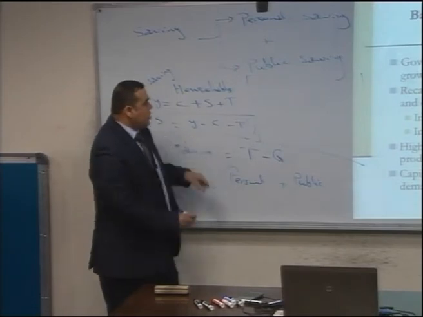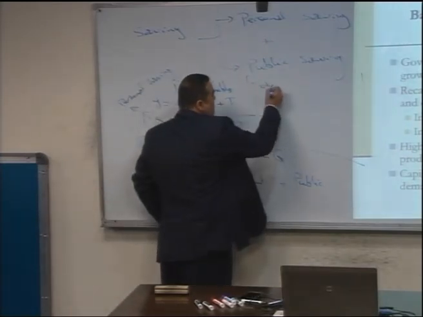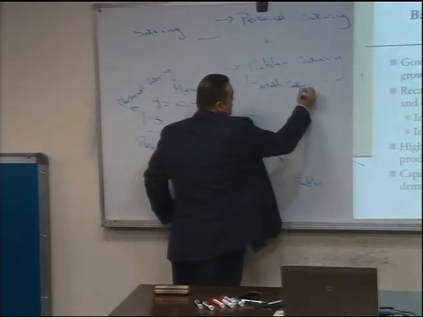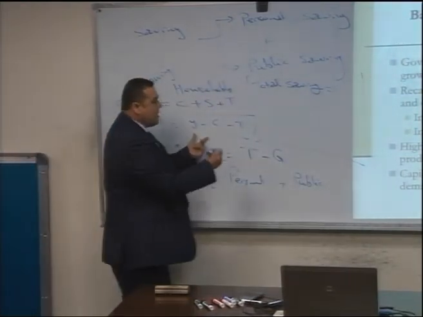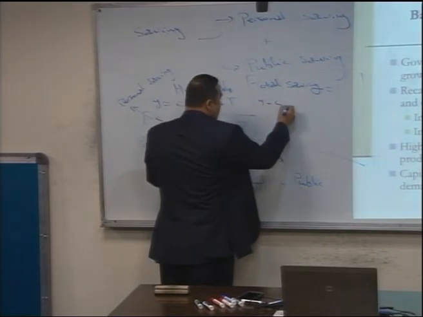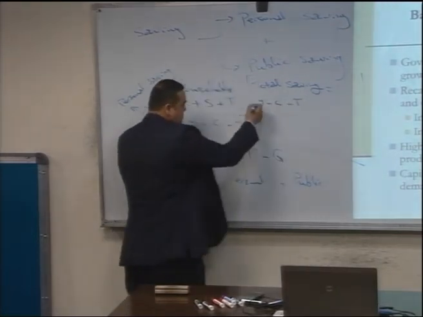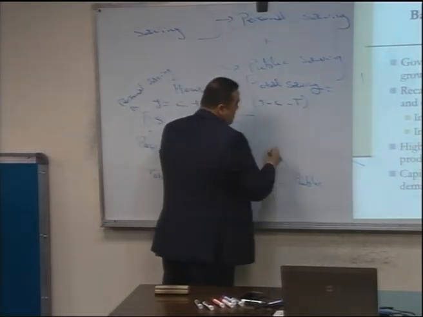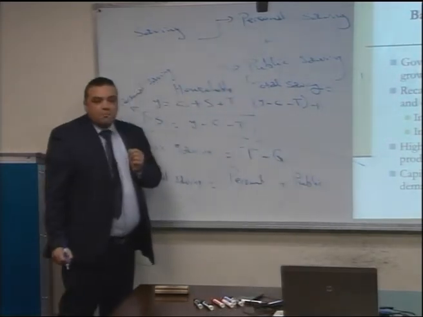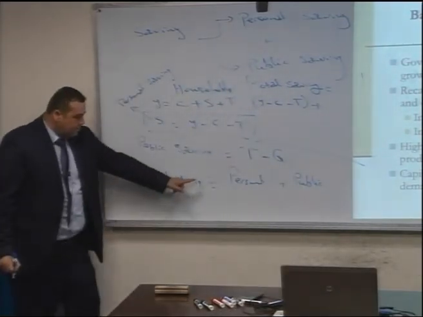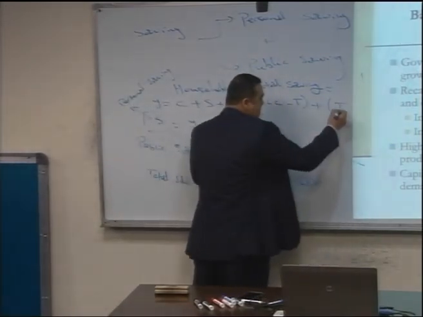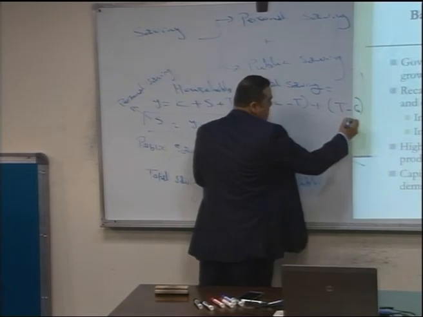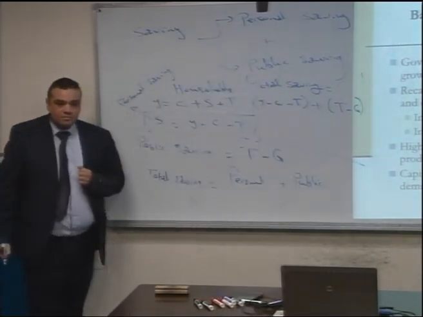So the total saving equals the personal saving, Y minus C minus T, plus the public saving, T minus G. Right?